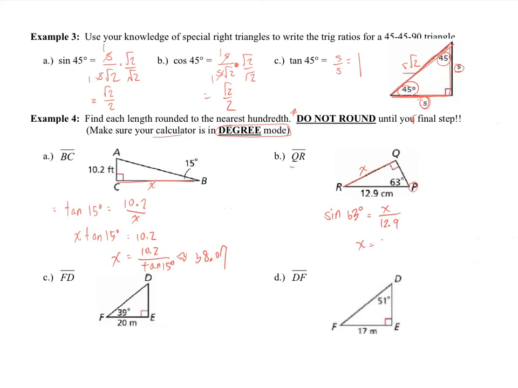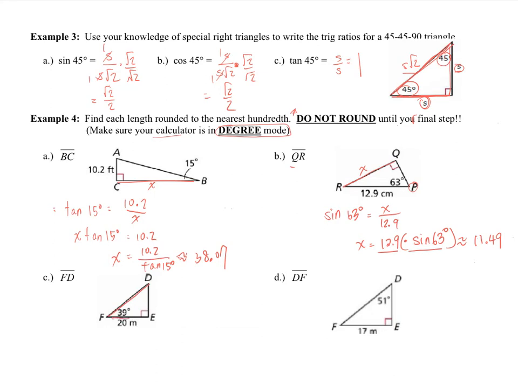X would equal 12.9 times sine 63 degrees, and go ahead and multiply 12.9 by sine 63 degrees, and you should get about 11.49.